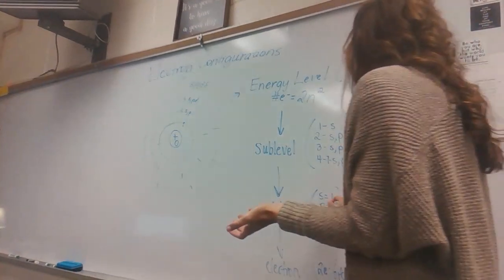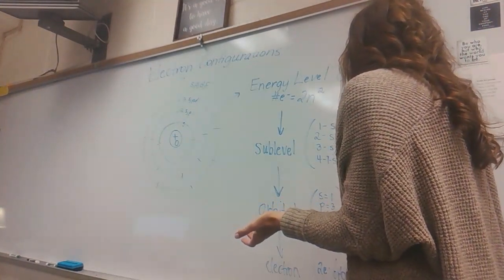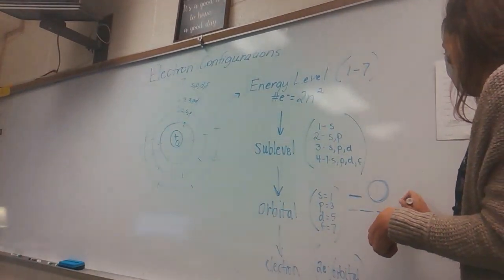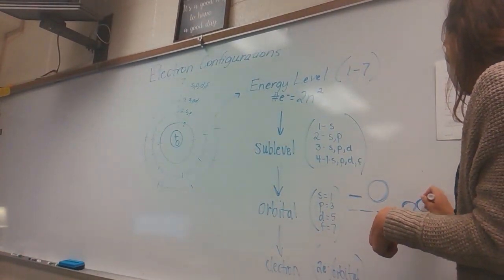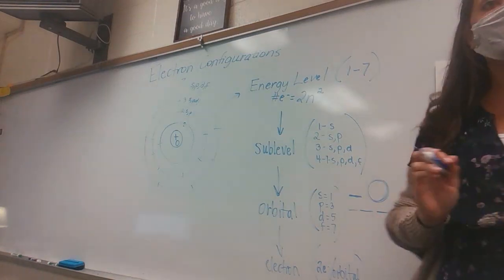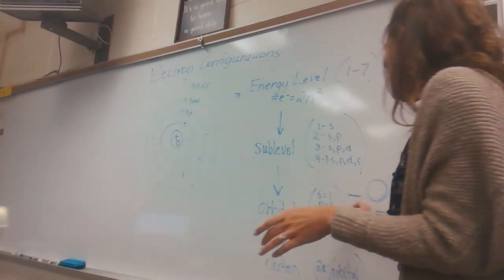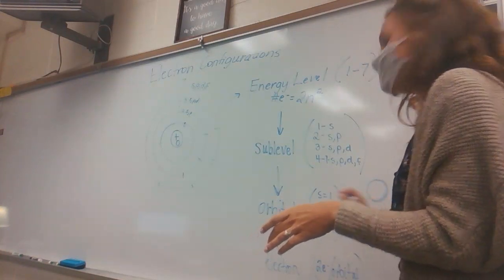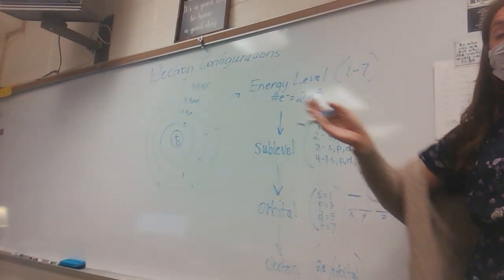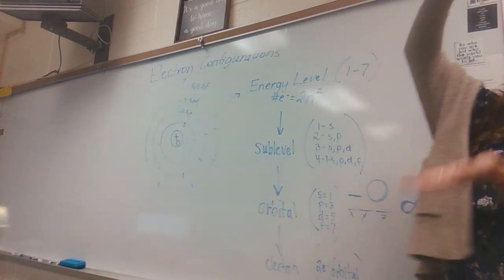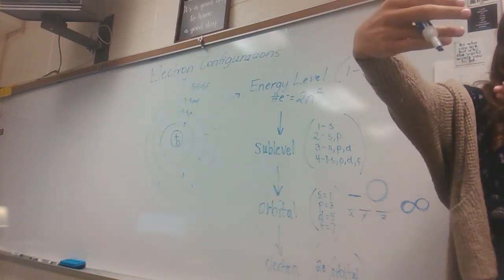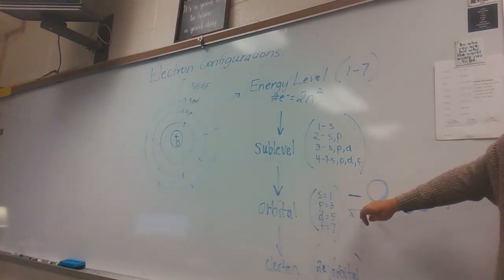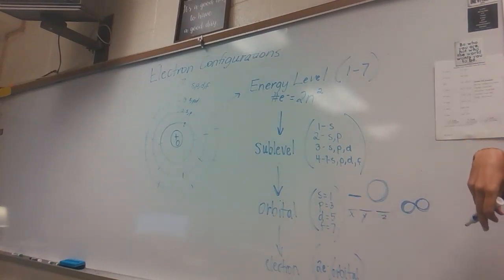The P has 3 orientations, 3 orbitals, because it's this infinity sign, dumbbell shape. And it has 3 orientations in a three-dimensional space, X, Y, and Z. So we have PX, PY, PZ.